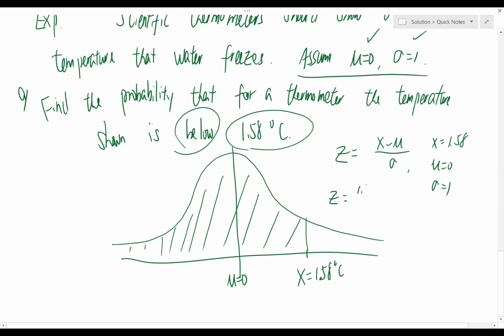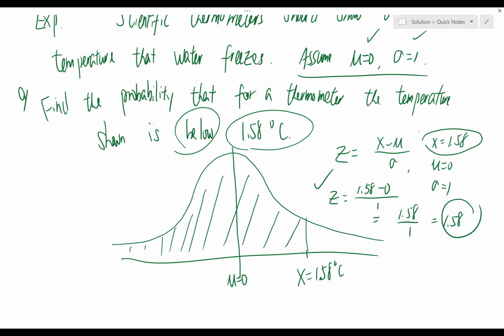So it's 1.58 minus 0 over 1, which is 1.58 over 1, which is 1.58. The z-score is the exact same thing as the temperature itself, a very useful feature of the standard normal distribution.